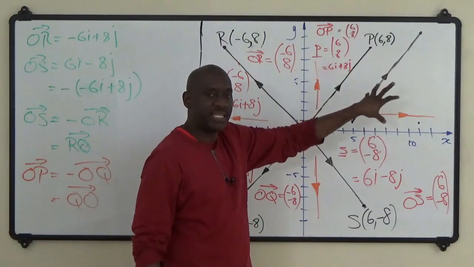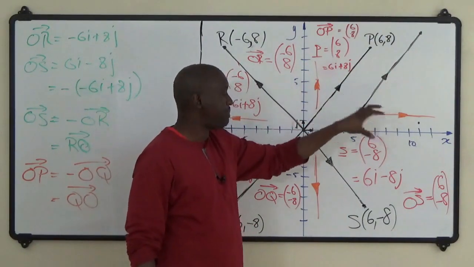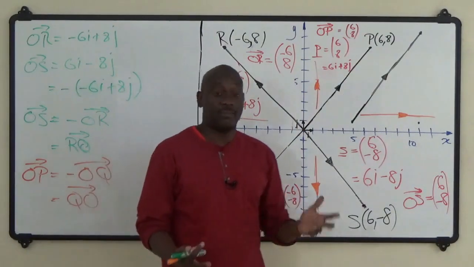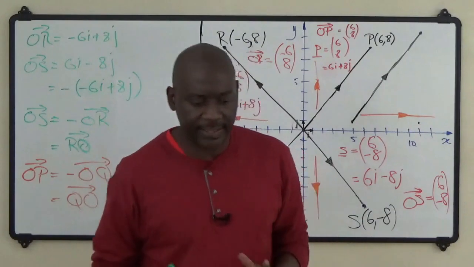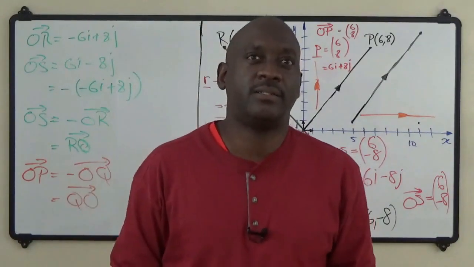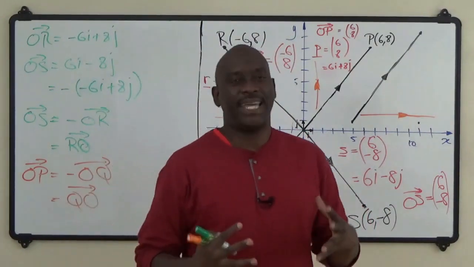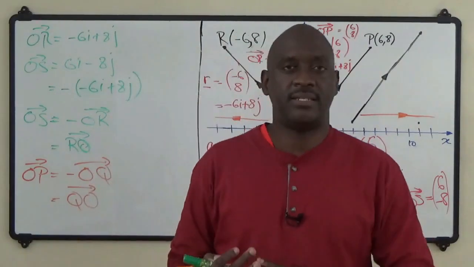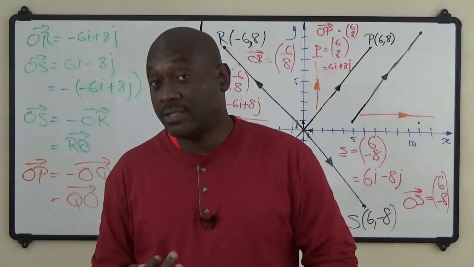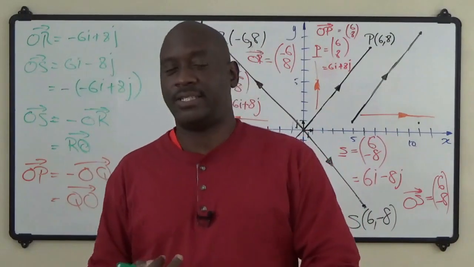But any diagonal vector can be expressed as the sum of a horizontal vector and a vertical vector. Let me say that again, and that's basically what it is. Any diagonal vector can be expressed as the sum of a horizontal vector and a vertical vector.